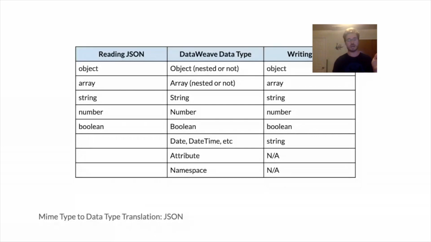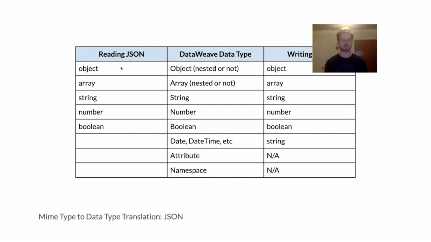And in the middle, we have how DataWeave represents those particular attributes of a MIME type using its own data structures. So really, this is a translation table between certain MIME types, DataWeave, and those MIME types as output. For example, if we're reading a JSON object, this gets converted into a DataWeave object.